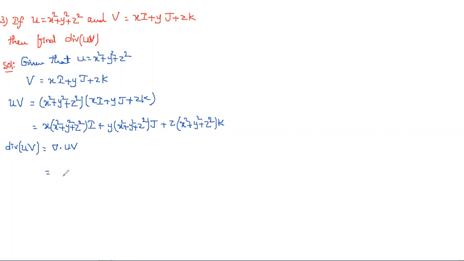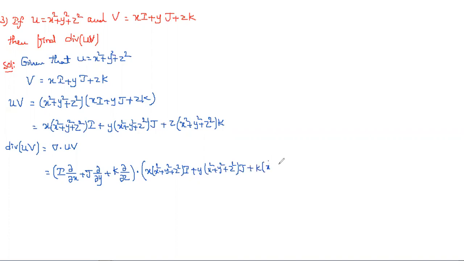So del is nothing but, as we already know, i dou by dou x plus j dou by dou y plus k dou by dou z, dot uv. And uv is what we got; you need to write that complete one: x into x square plus y square plus z square into i, plus y into x square plus y square plus z square into j, plus z into x square plus y square plus z square into k. Here it is having z. And now apply the dot product.